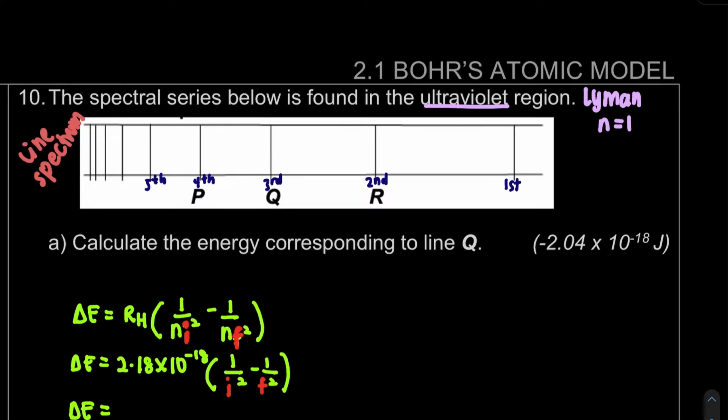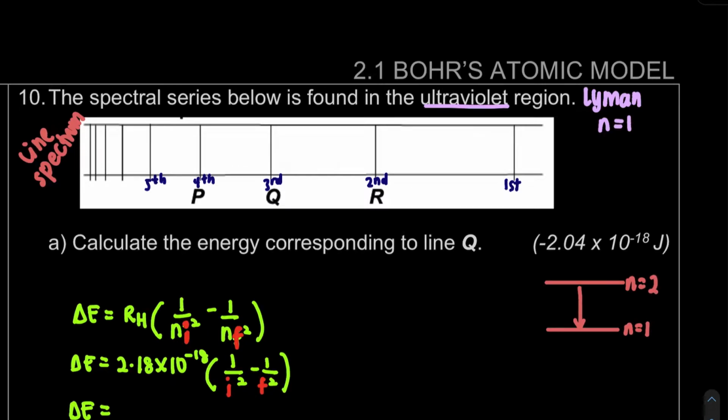Again, the Lyman series is when the electron falls from a higher energy level down to a lower energy level, which means it drops to n equal to 1. The first possibility is when n equal to 2.